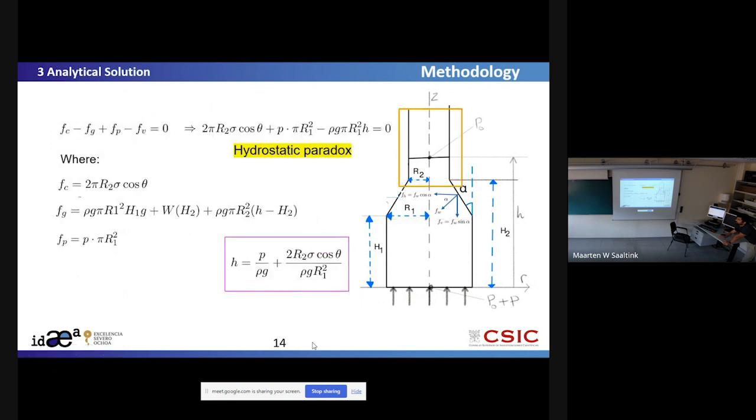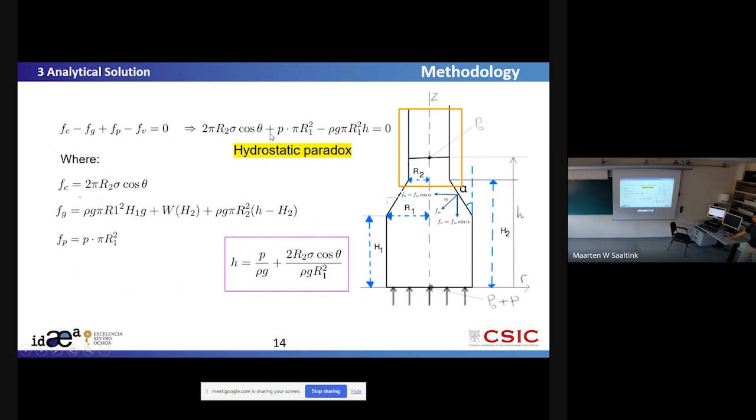All right. And going into the third zone, now we are in this region, we again calculate all of these 4 forces. We get this equation.